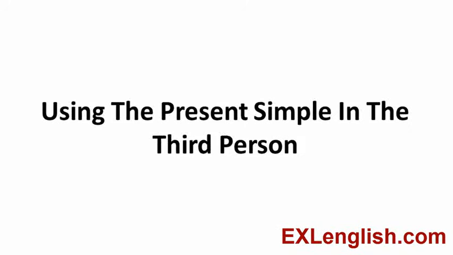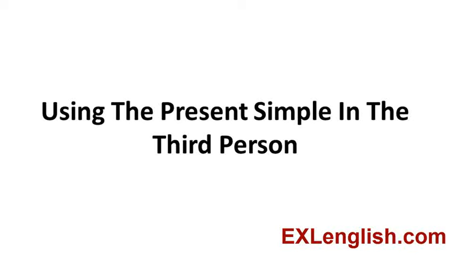Using the present simple in the third person. Usually, when you use a verb in the simple present, all you have to do is remove the "to" from the infinitive form. So, to walk becomes simply I walk, and to run becomes simply I run.